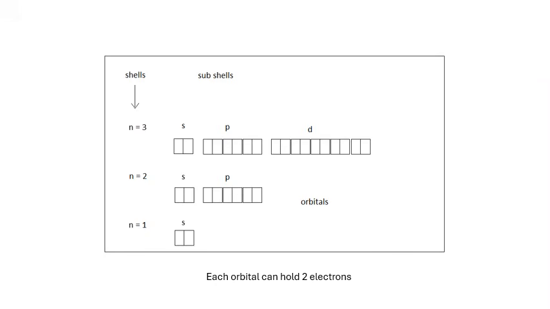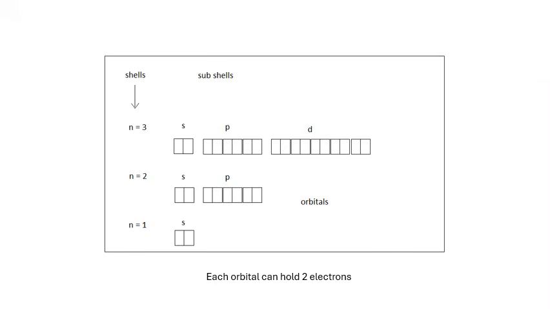So N equals 2 can have 8 electrons, yes? And then N equals 3 has got the s orbital and 3 p orbitals and then 5 d orbitals. So the number 3 shell can actually hold 2 plus 6 plus 10 electrons.